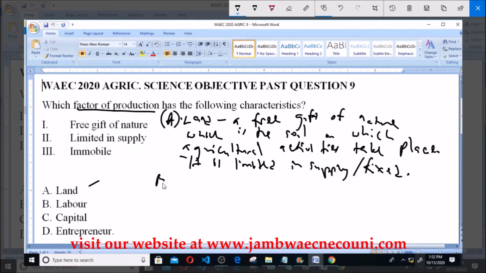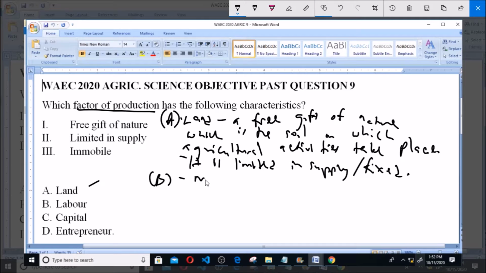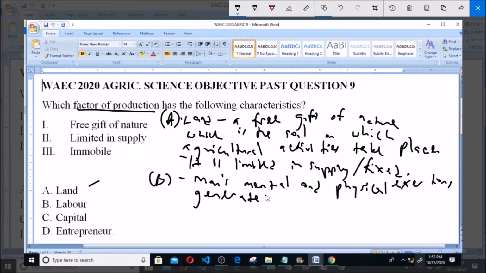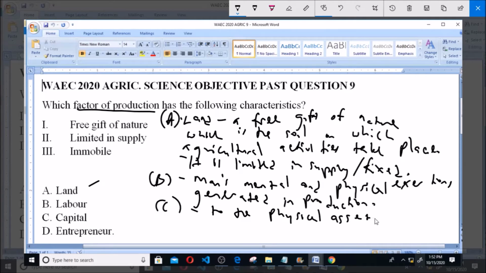Now, option B is labor, and labor refers to man's mental and physical exertions generated in the process of production. Option C says capital, and capital refers to the physical assets accumulated by the farmer to facilitate production.